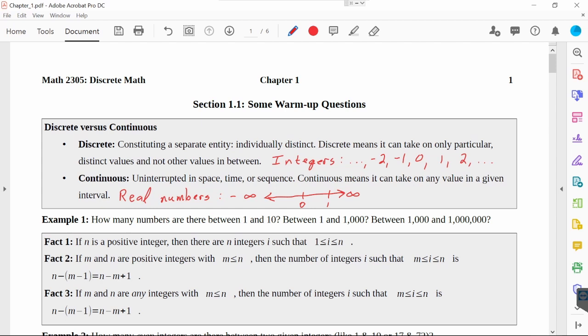Between 0 and 1, you could find 0.5, and you could go even further to like 0.2. And so there's always an in-between. It's not broken apart like it is in the situation of integers. So that's what we're going to be dealing with primarily in discrete mathematics. Things that can be listed out into discrete components, much like we can list out each individual number in the integers.